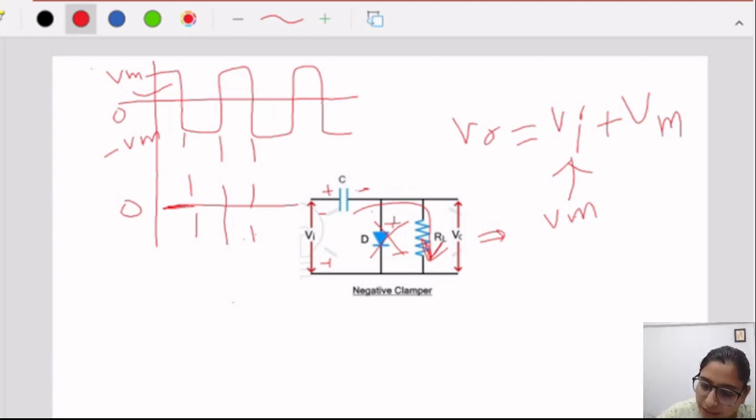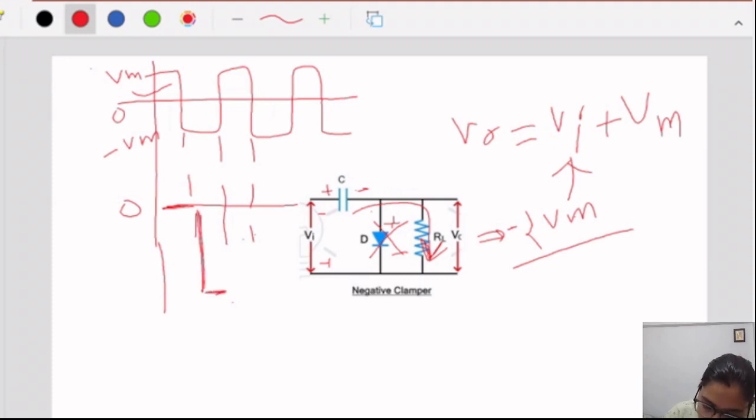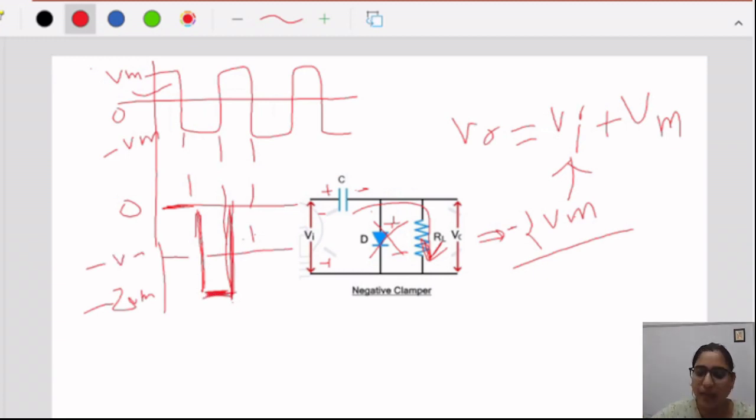So we can consider this V naught is nothing but 2 Vm, but with the negative polarity, because we are considering the case of the negative half cycle here. Clear? So now in the negative half cycle, this will go towards minus 2 Vm. So in between here somewhere minus Vm, and here it will go till minus 2 Vm.